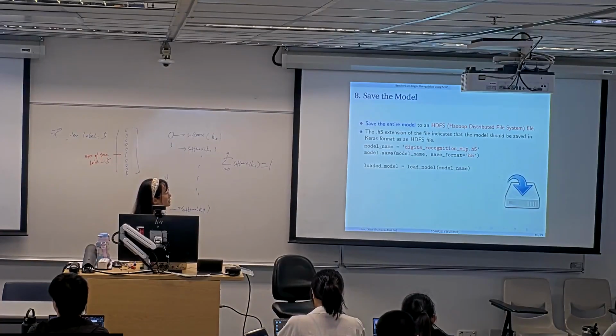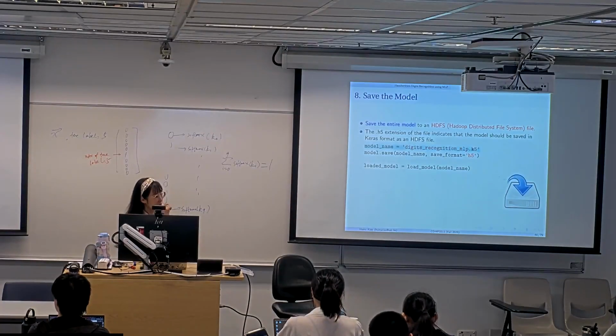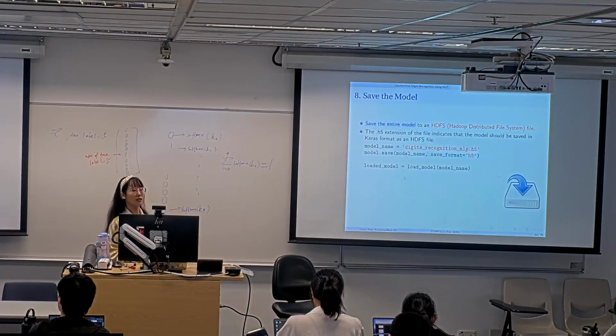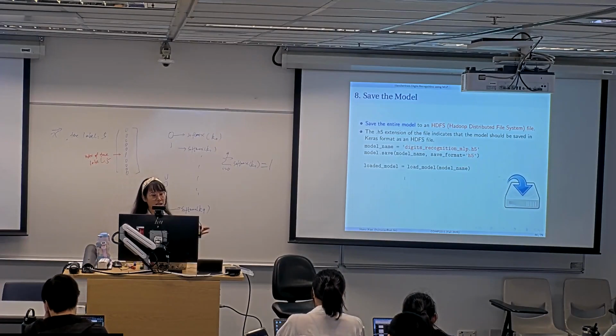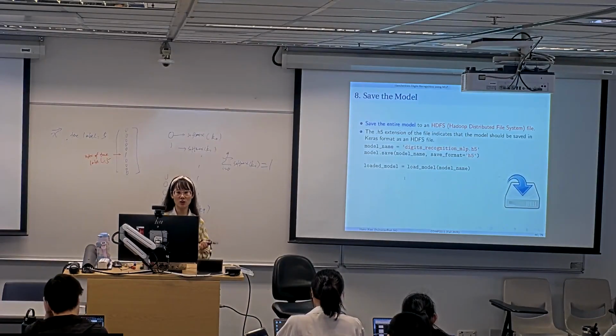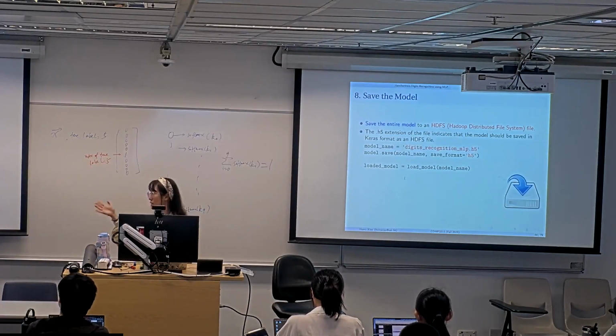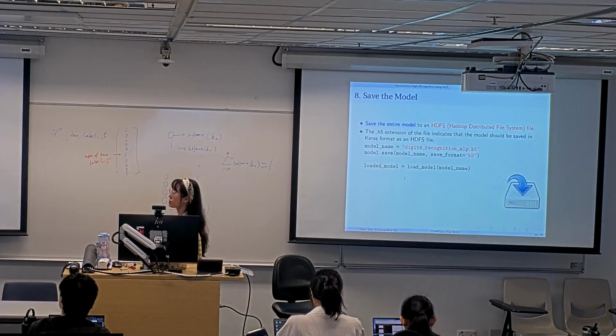We name the model digits_recognition_MLP.h5 and save your model by assigning the model name and setting the save format to H5. After you save the model, it's saved either in your local file or in your Google Drive. If you are running in Google Cloud, then possibly it's in your Google Cloud.